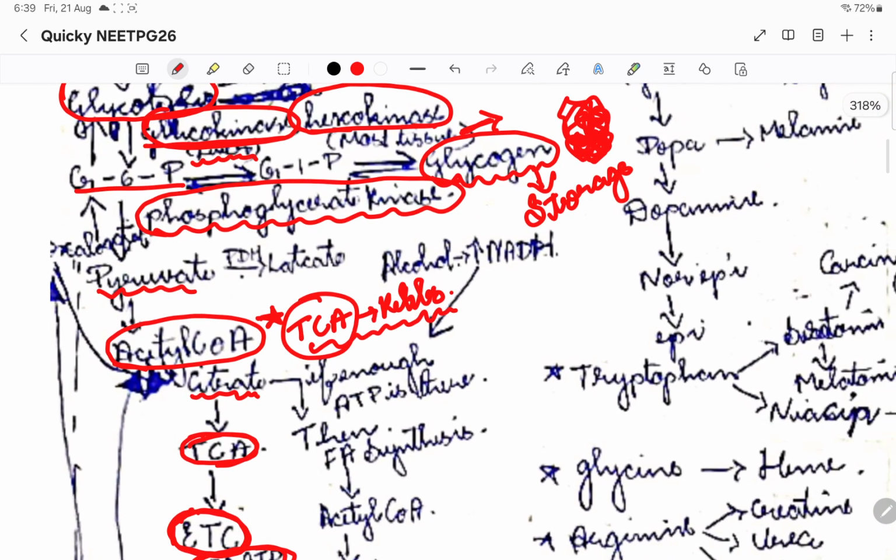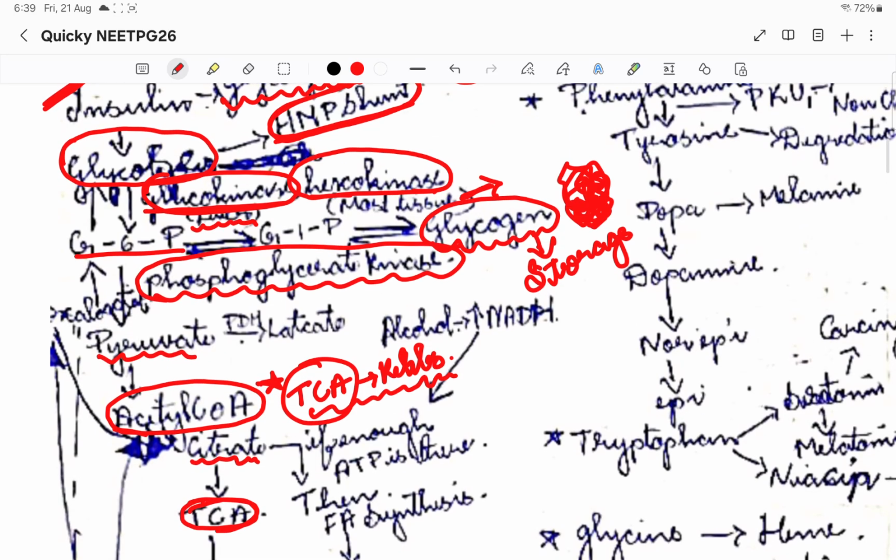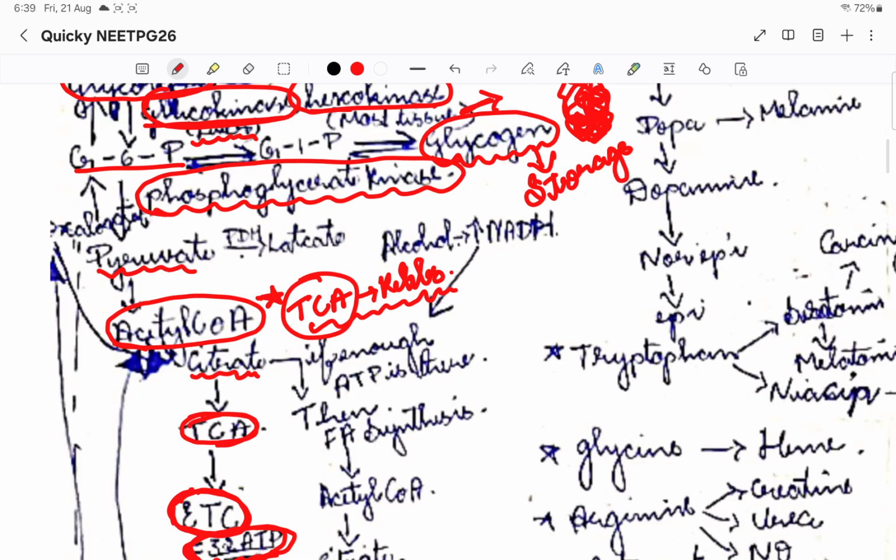So glucose can undergo formation of ribose 5-phosphate, it can undergo formation of glycogen, and suppose if PDH is there and it is anaerobic, meaning there is not enough oxygen for glycolysis, then it will go to the formation of lactate.